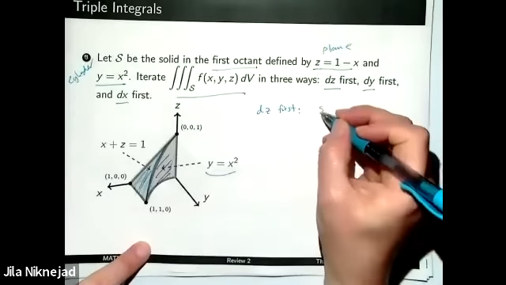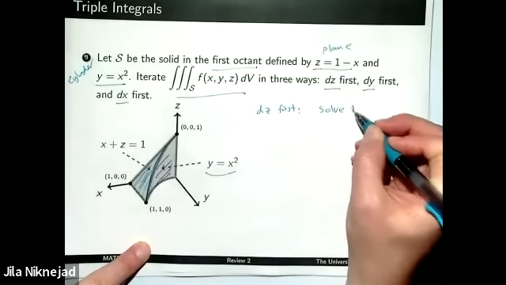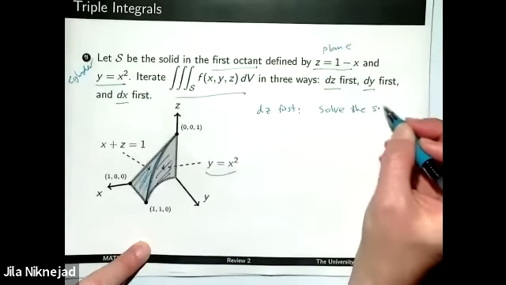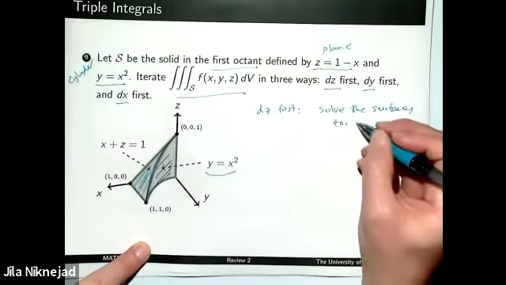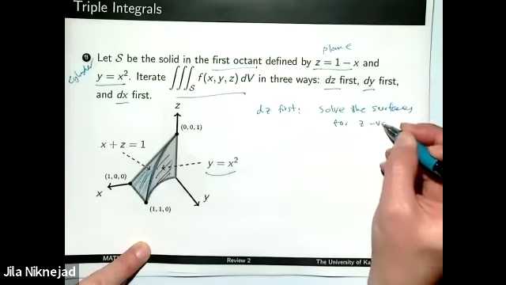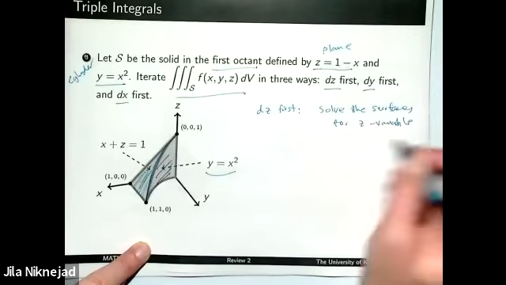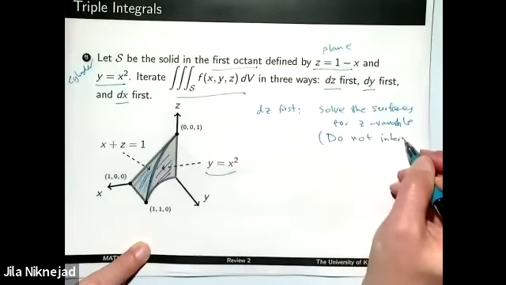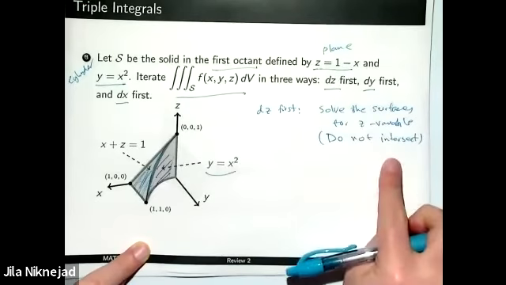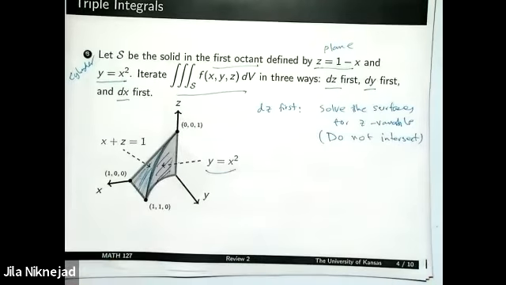So solve the 2 surfaces for the z variable. Do not intersect. That's a common mistake that happens. Do not intersect. Just the most inner, no intersection. Just plain, simple solving for the variable.